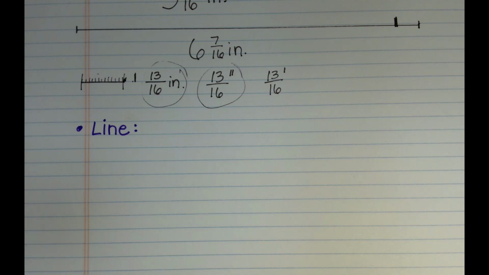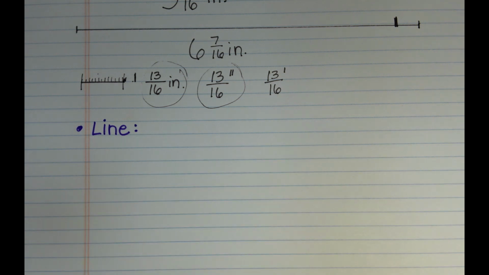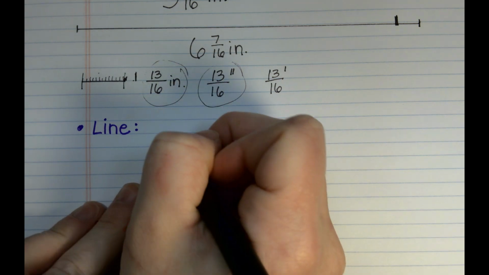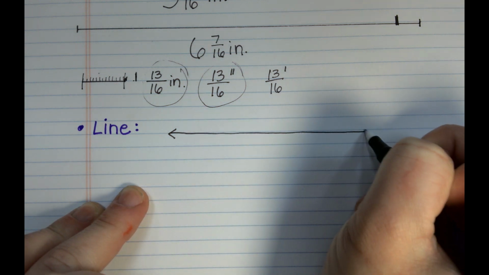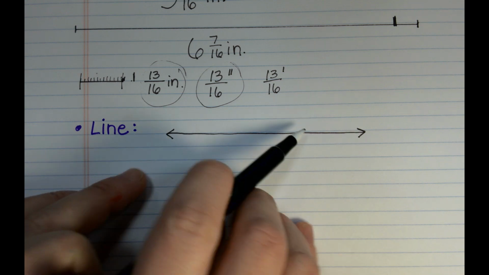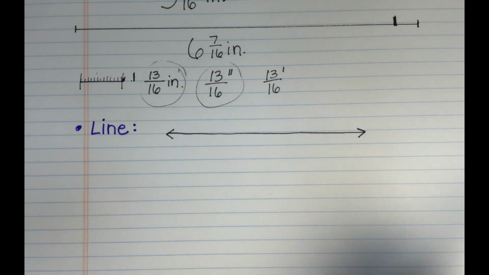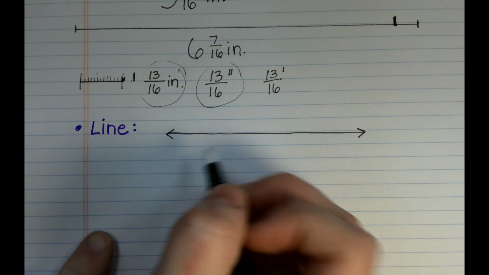A line is a straight marking that goes on in two opposite directions forever. Infinity. I think a picture would be better than words. It looks like this. These arrows tell me that they go on forever in opposite directions.